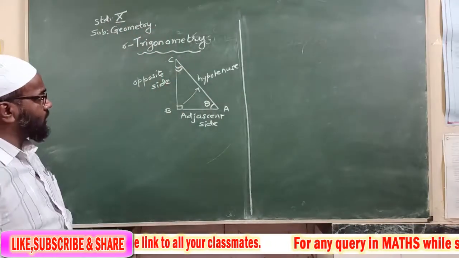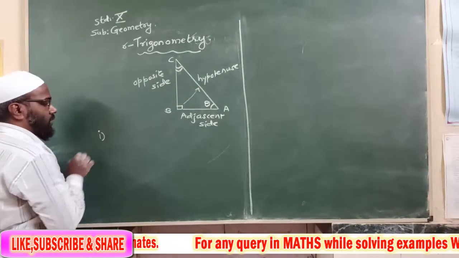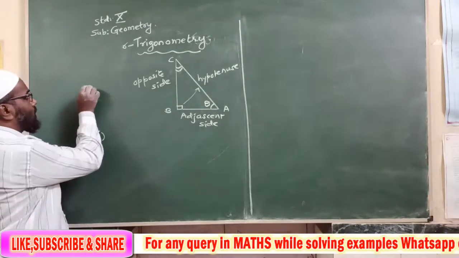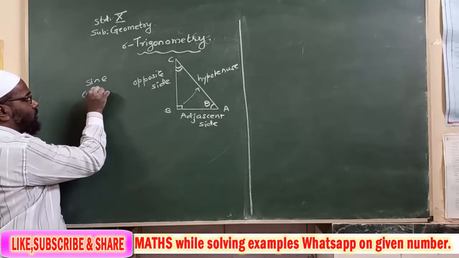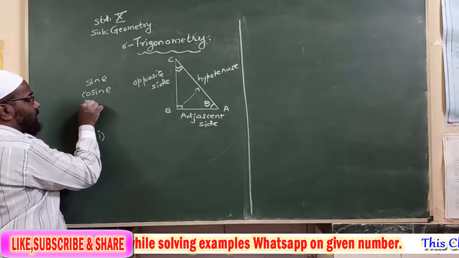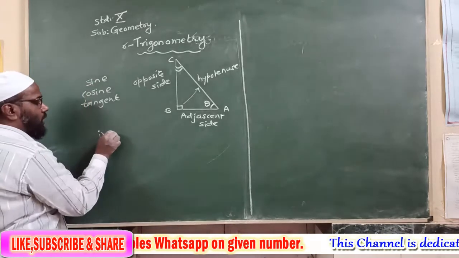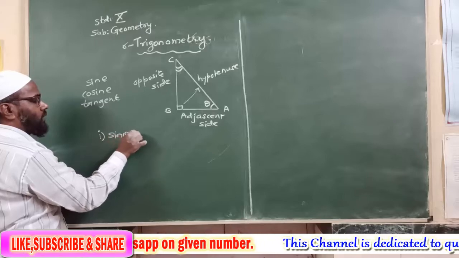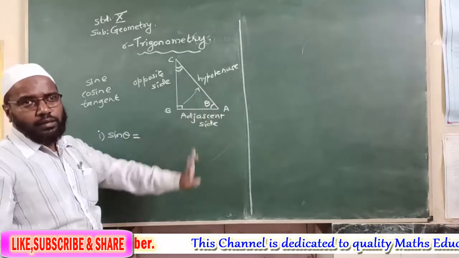So by using these three sides, we define three trigonometric ratios. The first ratio is called sine ratio, the second is cosine ratio, and the third is tangent ratio. In short, we write sine of theta as sin theta, and we define those ratios on an acute angle in a right angle triangle.